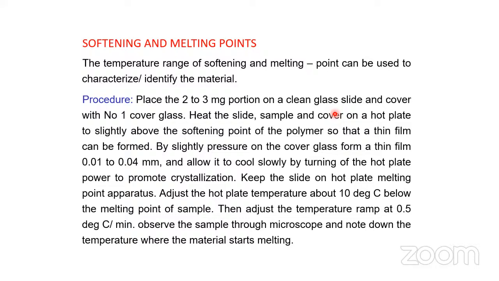As the temperature increases, you will see that the polymer melt is flowing. In this whole process you will get a range of melting point, so over there you can find your polymer's melting point.